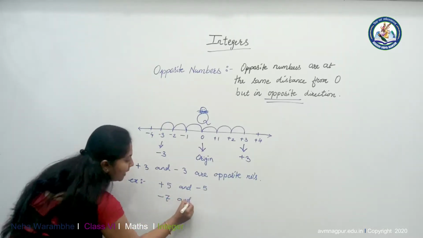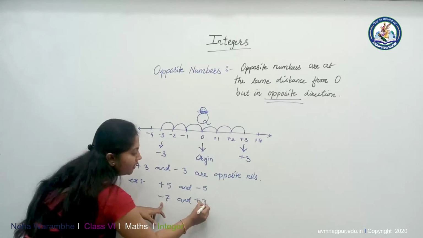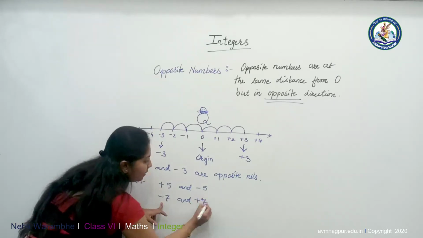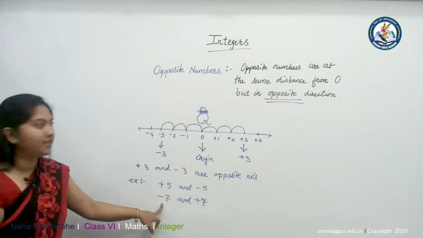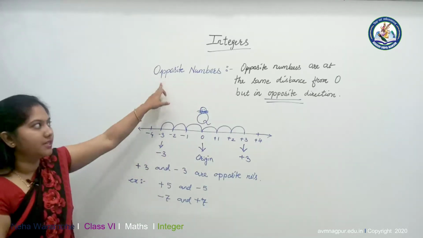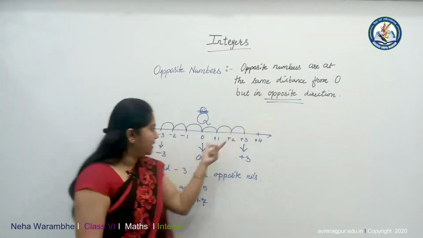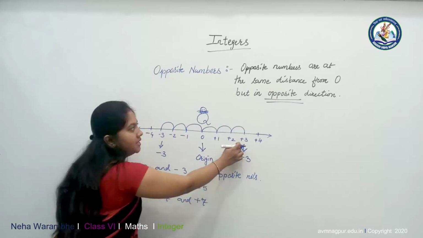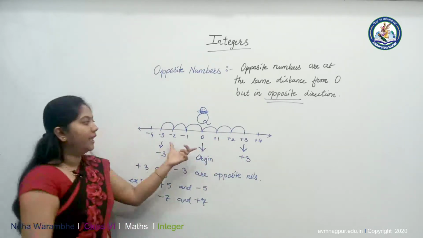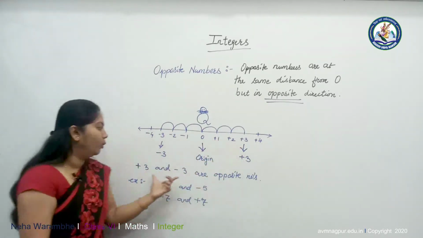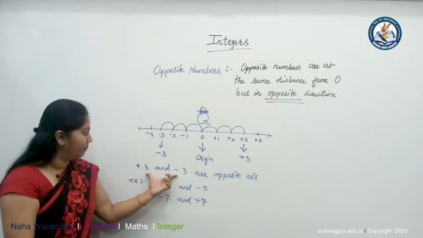The opposite number of minus 7 is plus 7. Opposite numbers are at the same distance from the origin but in opposite directions. Those two numbers are called opposite numbers.